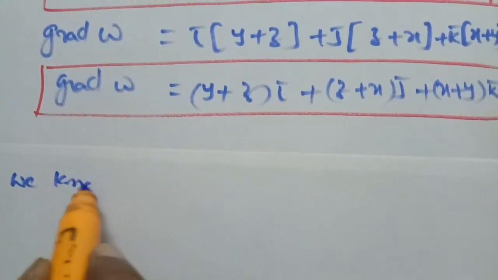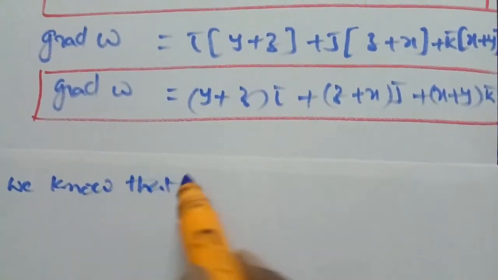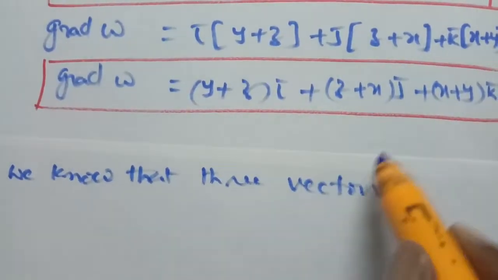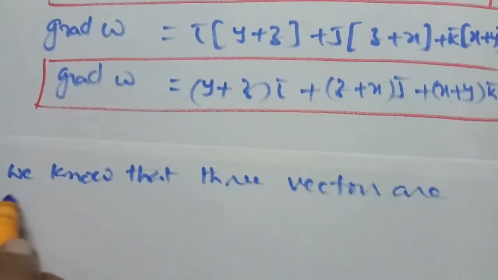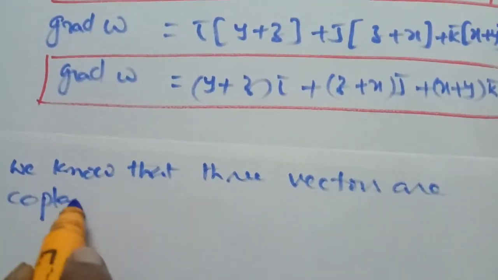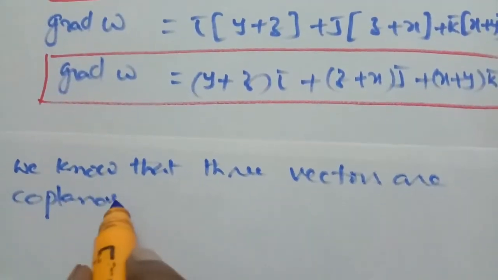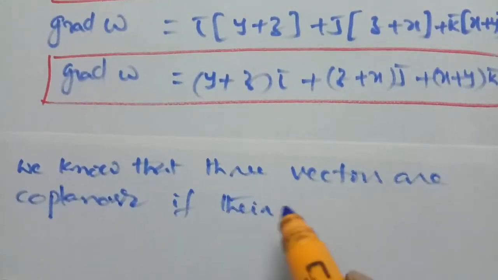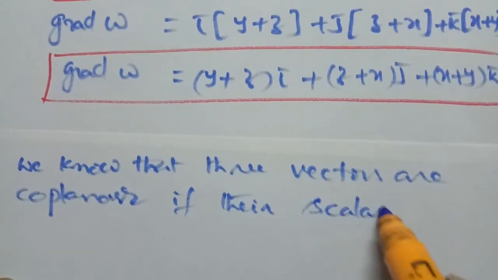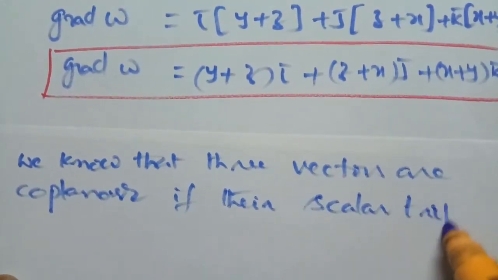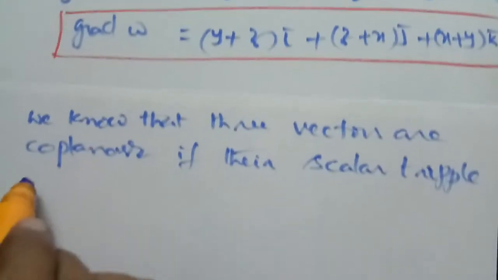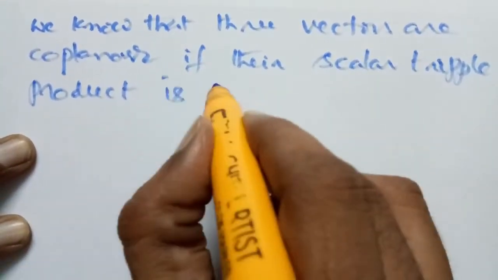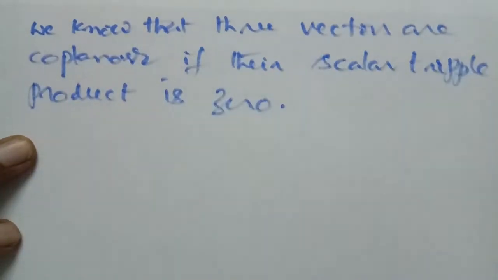We know that three vectors are coplanar if their scalar triple product is 0.